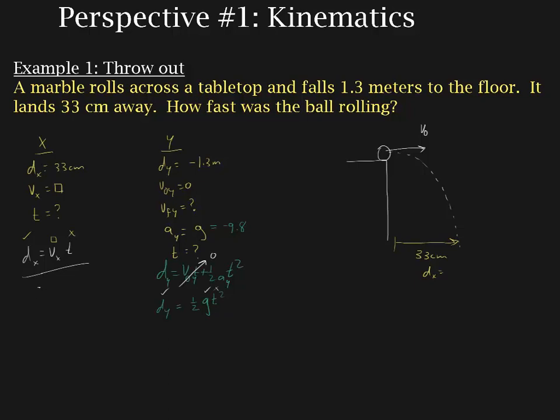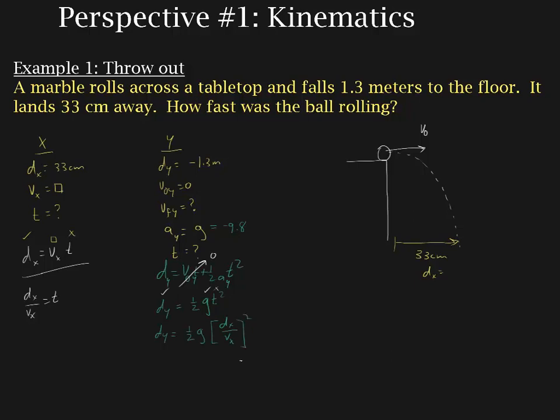So let's do that. We're going to get dx over vx is equal to t, and now we'll substitute that into this equation. dy is equal to 1/2 g times the quantity dx over vx, quantity squared.